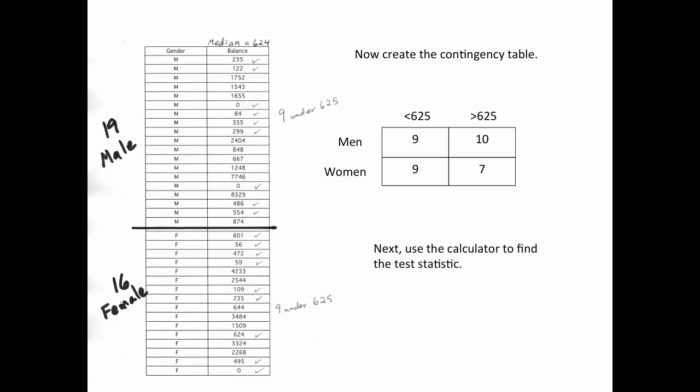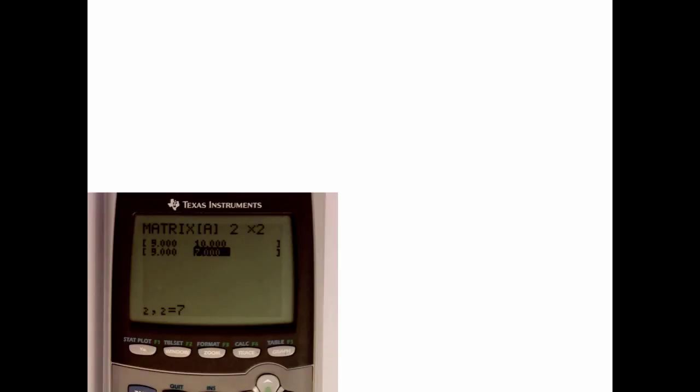And use the calculator to find the test statistic. This is the same as I just did. We're going to go to matrix, press second matrix, move over to edit, and type in the numbers 9, 10, 9, 7. Then again, go to stat, move over to tests, and go to the chi-squared test.